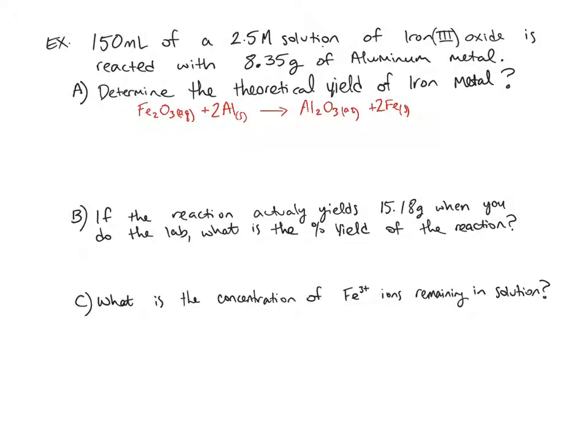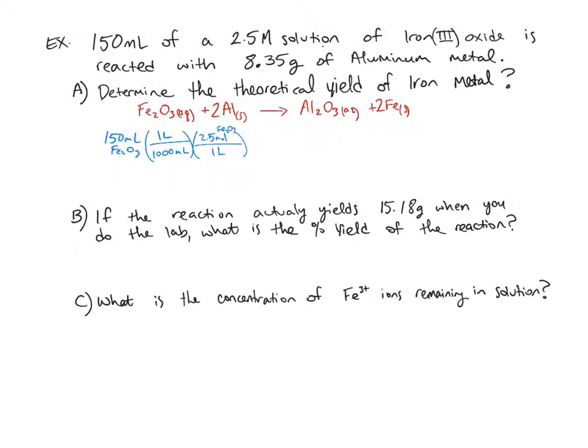So let's see here. We'll start with our 150 milliliters of our iron 3 oxide. And I'm going to get that into liters, so I'm going to convert, and I know that there are 1,000 milliliters in every 1 liter. Then I can use my concentration. I know for every 1 liter, I have 2.5 moles, again, of my iron 3 oxide.